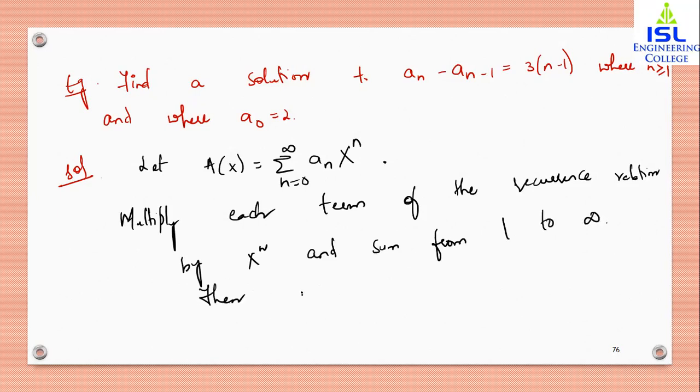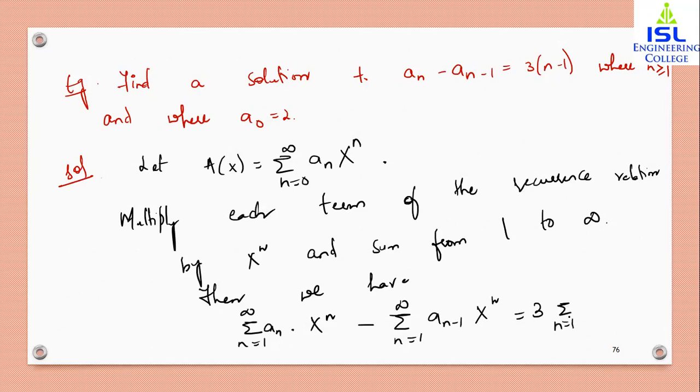Then we have sigma n is equal to 1 to infinity a_n x power n minus sigma n is equal to 1 to infinity a_{n-1} x power n is equal to 3 into sigma n is equal to 1 to infinity (n minus 1) x power n.